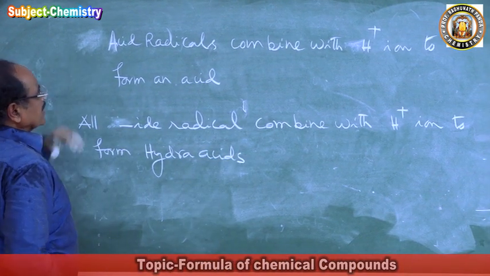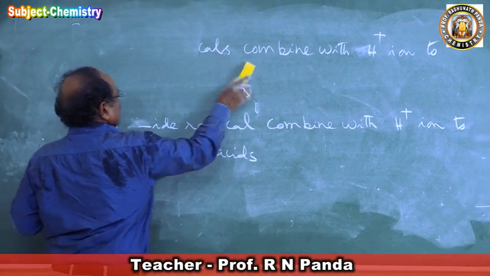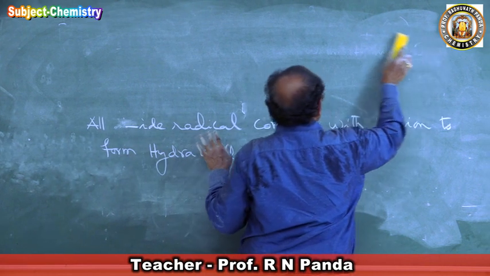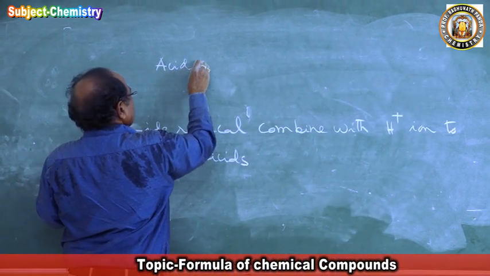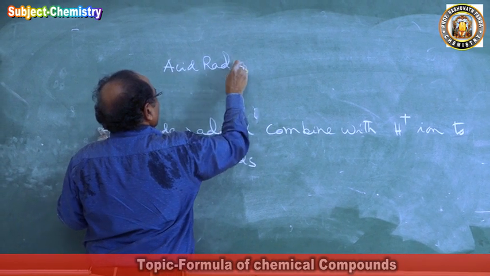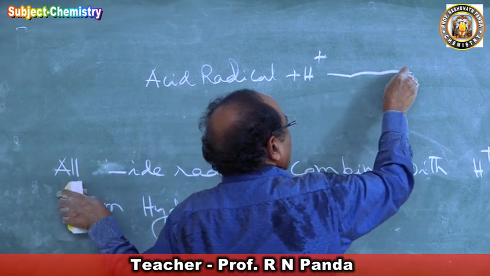So all acid radicals combine with H plus ion to form acid. If I write it like this, I have the acid radical. This acid radical will combine with whom? H plus, to form the acid.